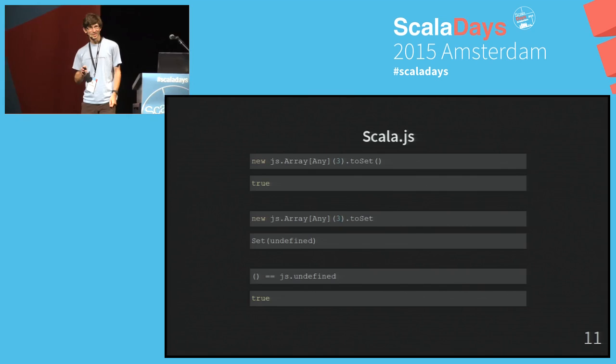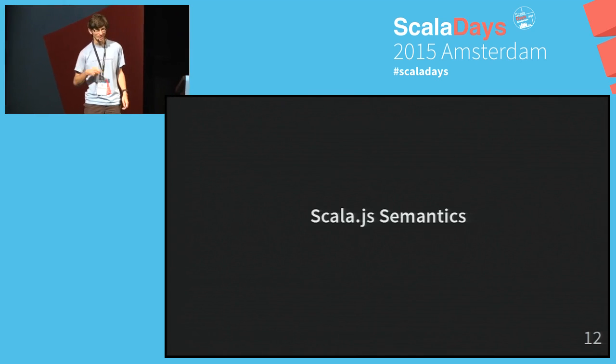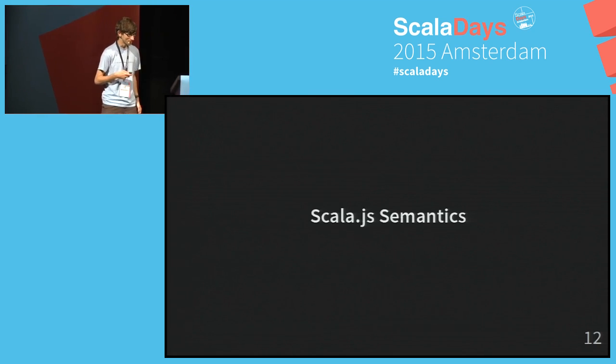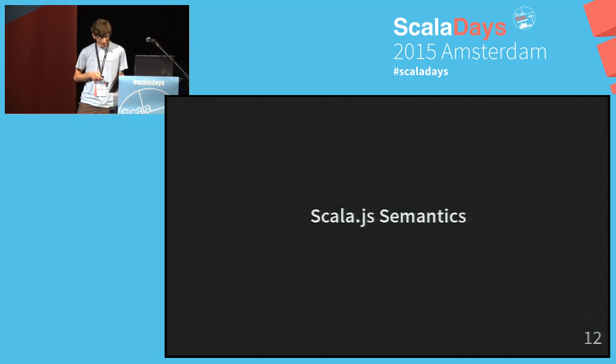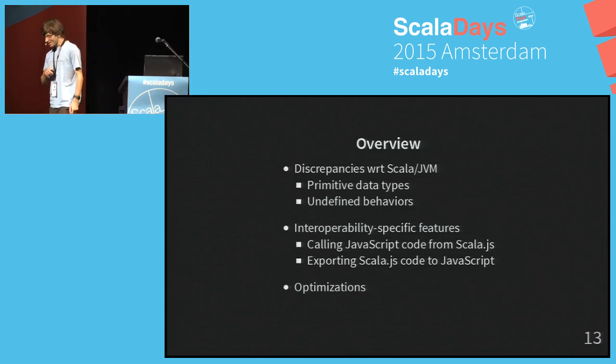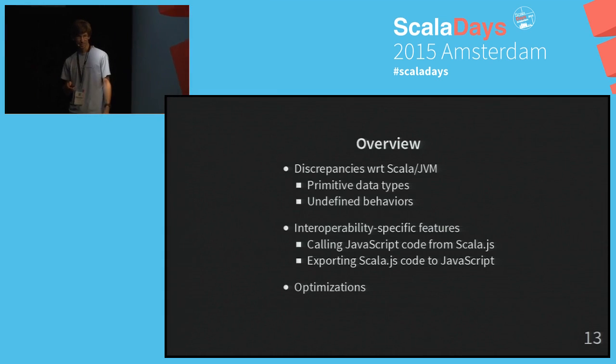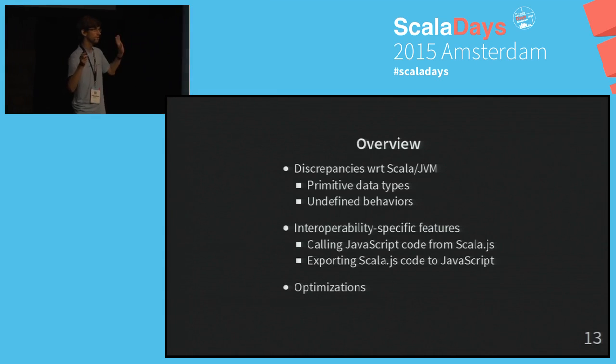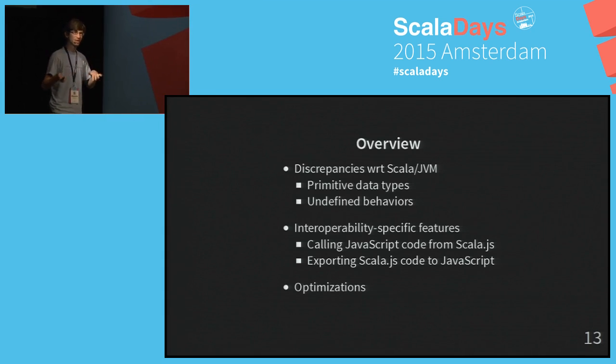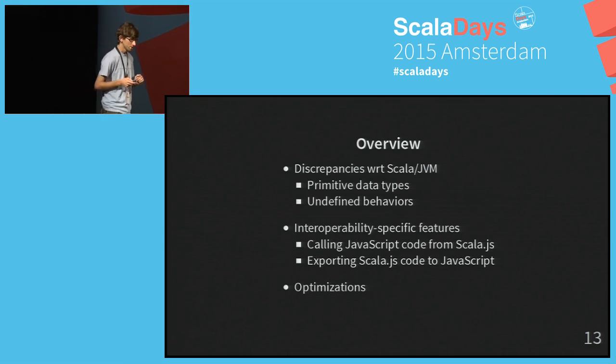Okay, that's all about the fun stuff. Let's get down to business now and into the real stuff. So we'll cover quite a few topics. First, we'll talk about the discrepancies with respect to the semantics of Scala on the JVM, in the sense that if you write the same code and you cross-compile it, it might behave differently if you run into these cases.